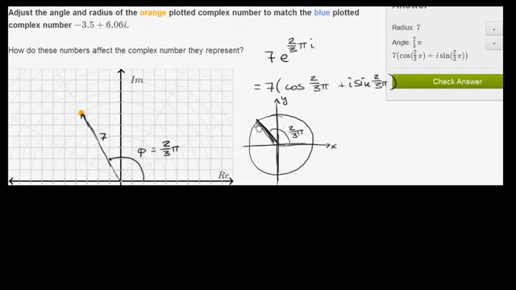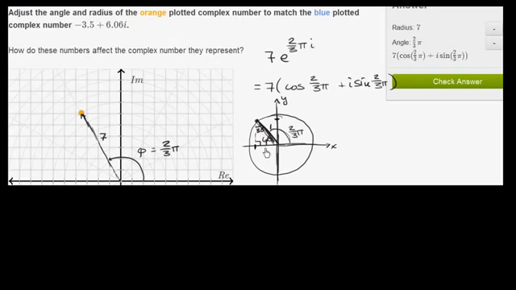Our cosine of 2/3 pi is going to be our x-coordinate here. And sine of 2/3 pi is going to be our y-coordinate over here. So what's our x-coordinate? Well, if this right over here is 120 degrees, then this is 60 degrees. This is a 30, 60, 90 triangle. And we know this is a unit circle. The radius is 1.